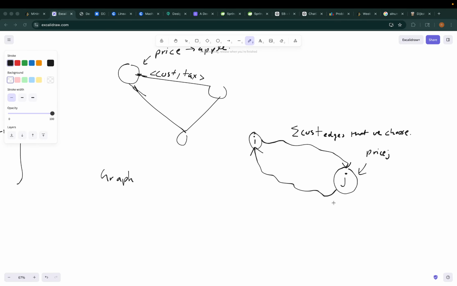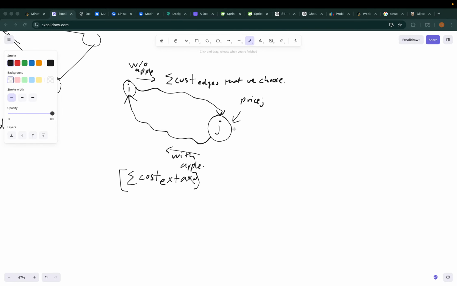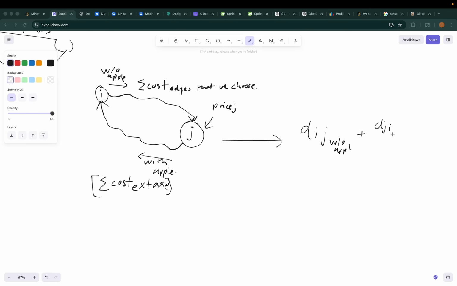And since this road is without apple, and this road is with apple, with apple it's simply the sum of the cost of the edges times the tax of the edges that we choose to travel, right? So your total cost, seeing this diagram, is d of ij without apples plus d of ji with apple.